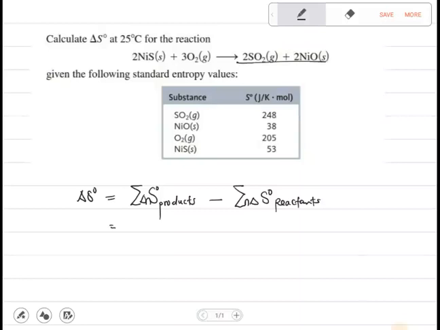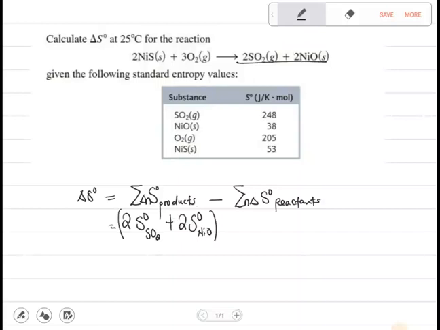We have this product, so we are saying 2 moles of sulfur dioxide, and its entropy. You get it, right? Plus 2 moles, and the entropy for nickel oxide.